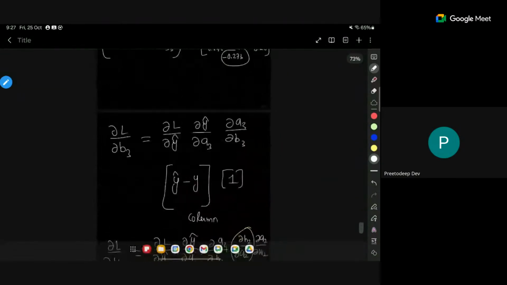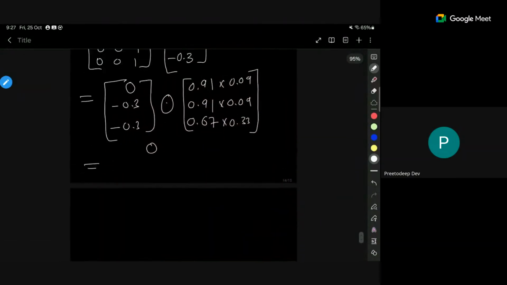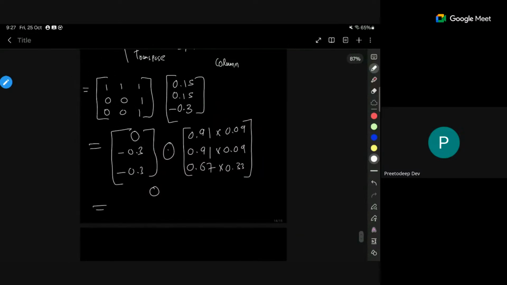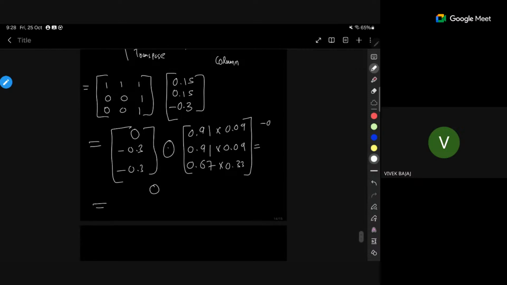Yes. So this will be minus 0.024. The first one will be 0 only, sir. Oh yeah, the first one is 0. Sorry. So minus 0.024.